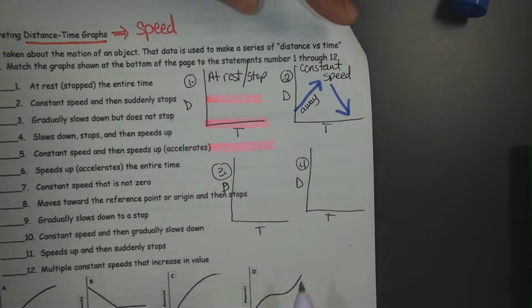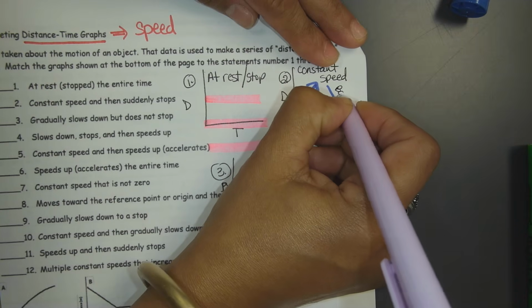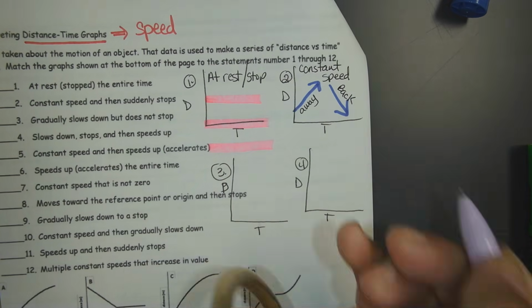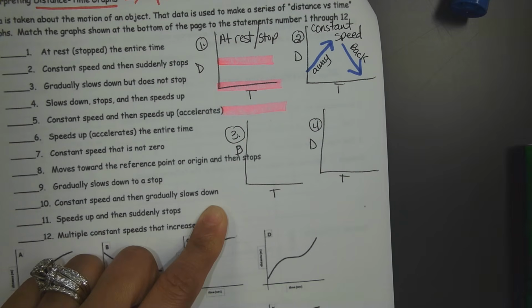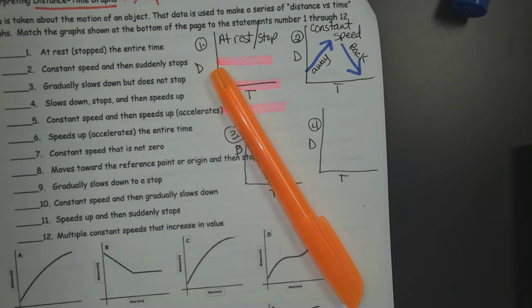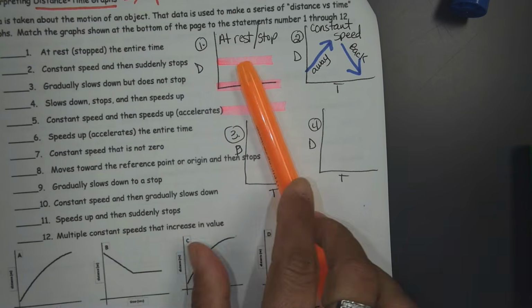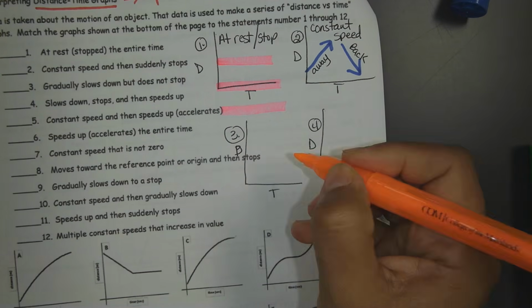But if it's a downward slope, it's moving back towards the origin or back towards home. Okay? One more time. A nice pretty slope up or down. Okay? Next one, number 3, orange, when you're ready. This one is going to be when my object is going to speed up.